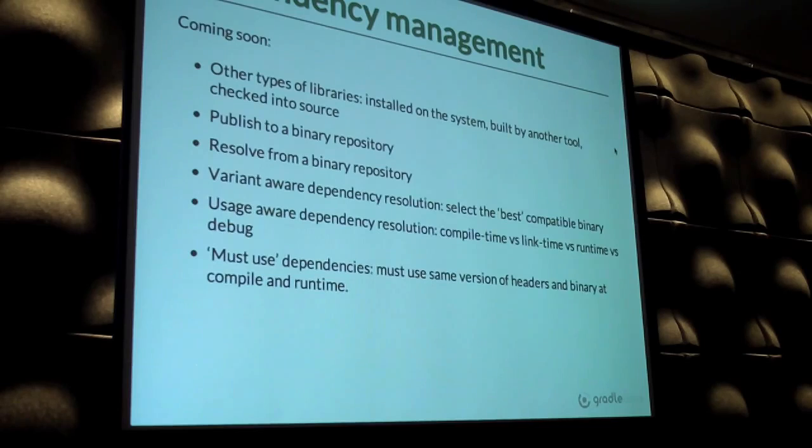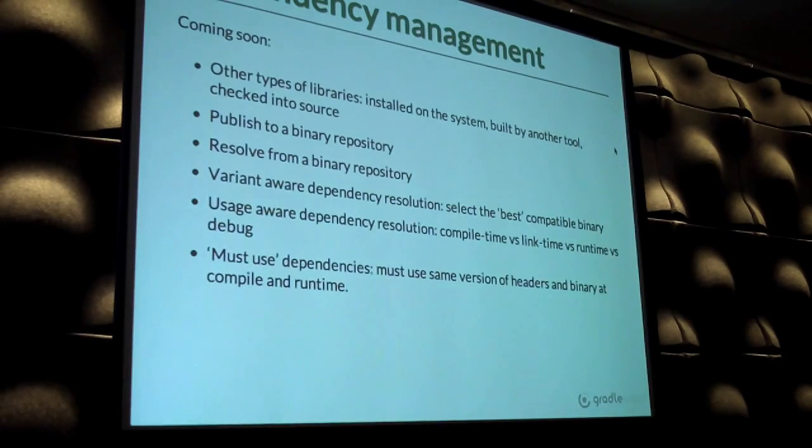That has general usefulness across the other domains. In the JVM domain, we plan to use this to solve the idea that things have APIs, and at compile time, don't give me all the runtime dependencies. I just want my compile time dependencies. At the moment, Gradle gives you all your runtime dependencies at compile time. It doesn't give you just the API of the thing you're compiling against. So we want to use that to improve our other domains as well.